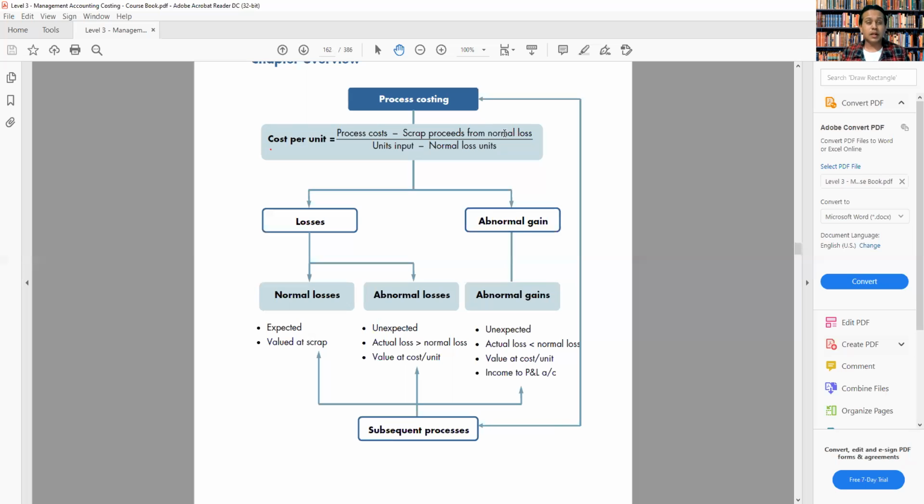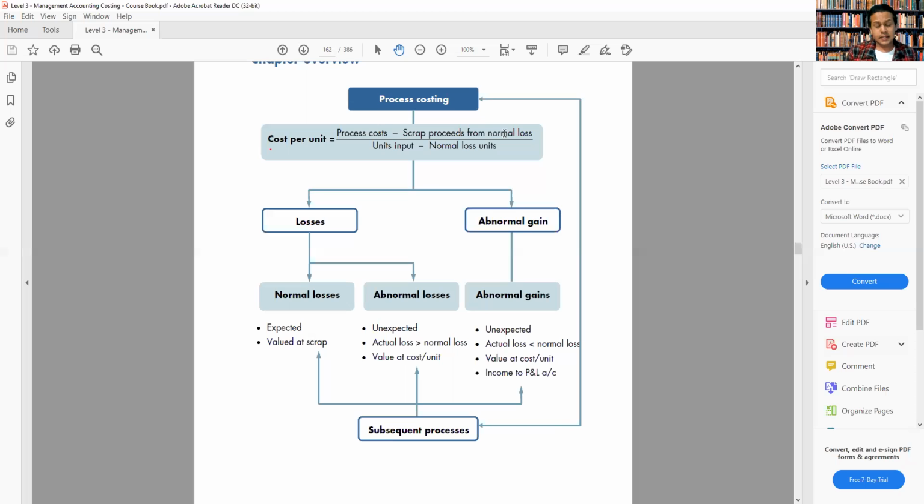Some of the products may be damaged, some may not be fully completed. For some reason, they reduce the price because it is not like a completed good. So if we sell something and get some money, that is called the proceeds from the scrap value. Scrap value means I cannot sell this as a completed product, but still there is some value.